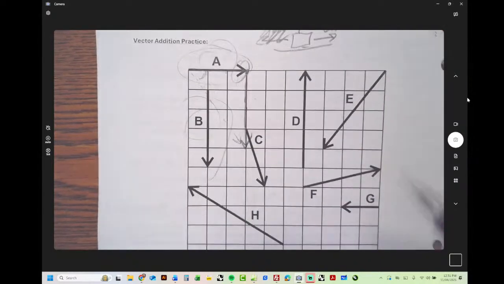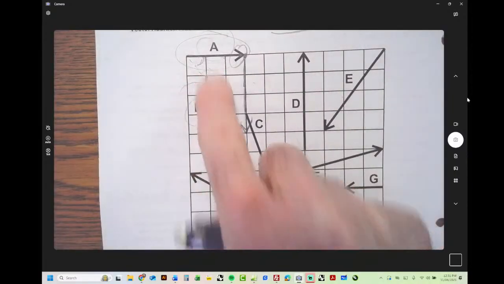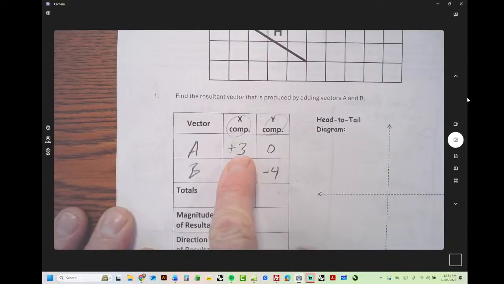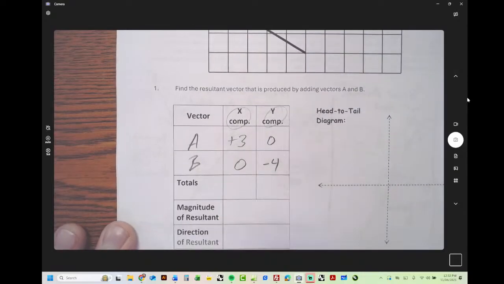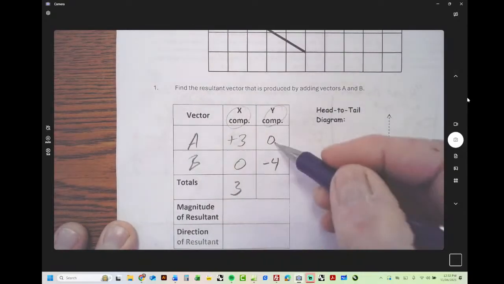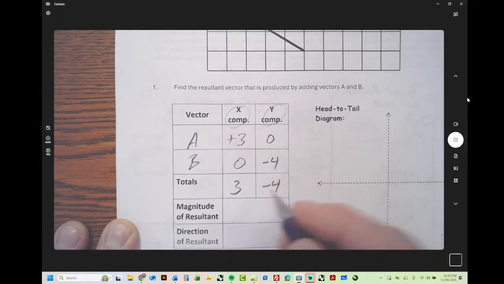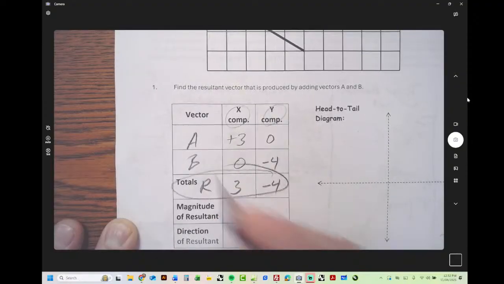So what we're doing is we're taking components that are in the same dimension. Like we've got a 3 newton or a 3 unit vector in the x dimension plus a 0 unit vector in the x dimension, and we get 3. And in the y dimension we get 0 minus 4. So this is the answer.